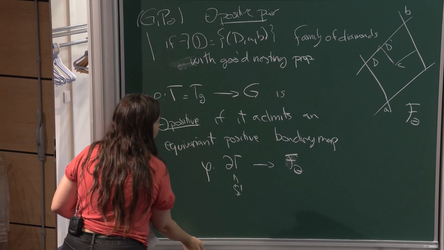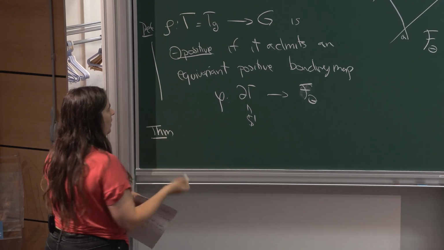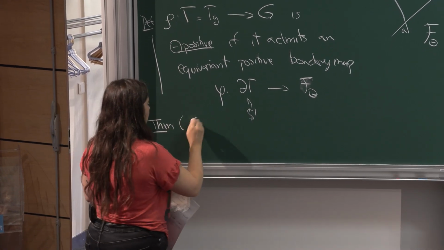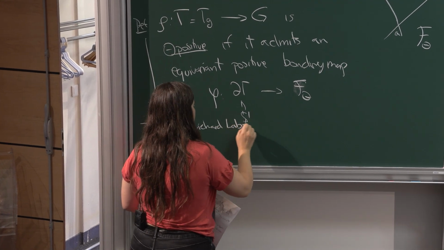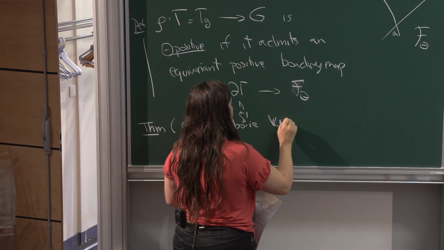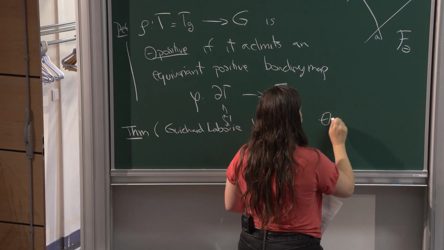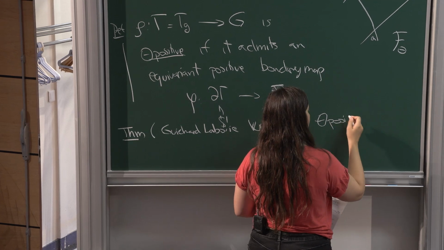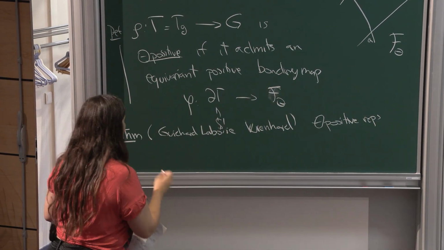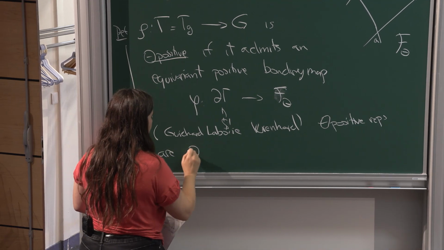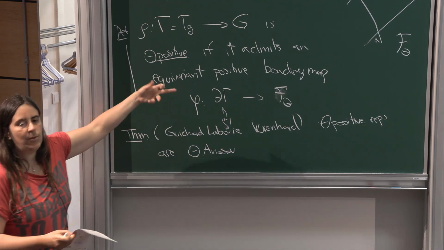And maybe a theorem that I will not comment at all about, that was supposed to be the end of my last lecture, by Guichard-Labourie-Wienhard, is that theta positive representations are theta Anosov, and this is the boundary map.